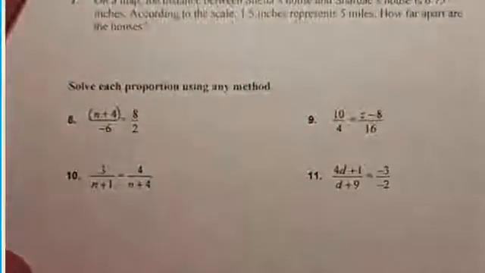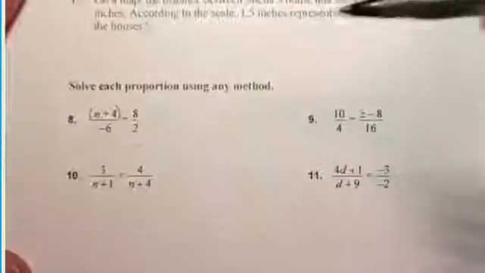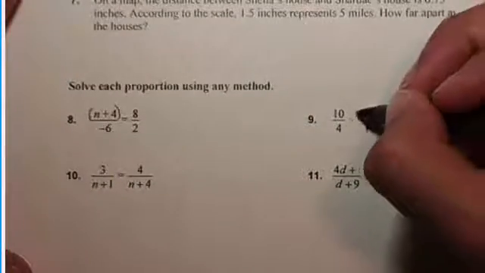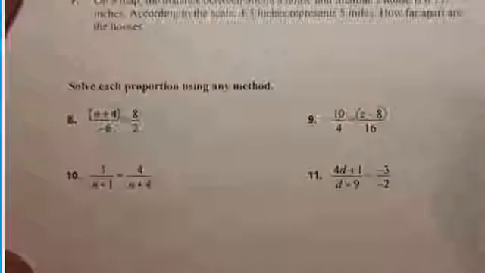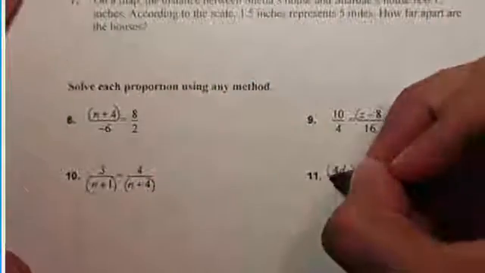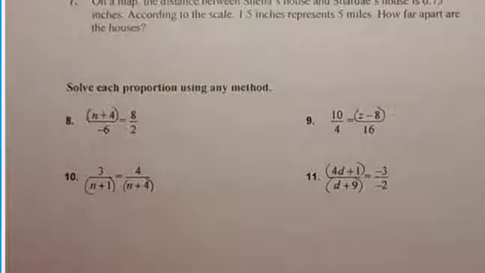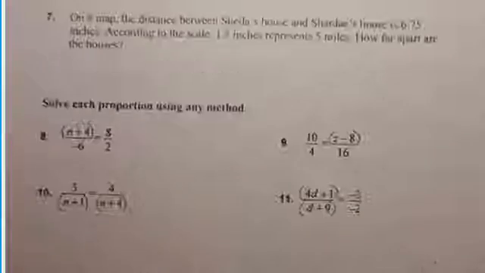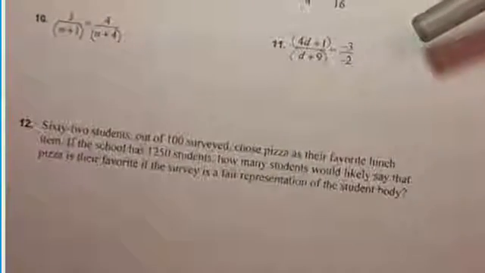So go ahead and do that now. Number 8 should be n plus 4 in parentheses. Number 9, you should have z minus 8 in parentheses. 10, you actually have 2 sets of parentheses, and so does 11. So again, you're solving it the same way. Look at your example if you need it. 12 is another word problem, a little bit more challenging, so take your time on that. Make sure you're answering the question.